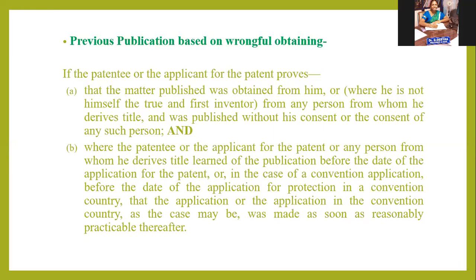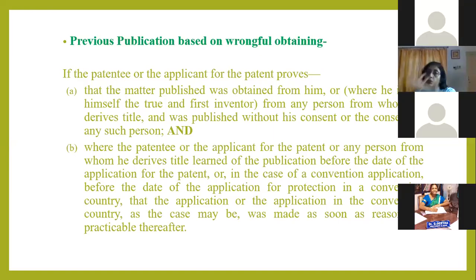So when I file the application, and then he says, no, this is also published, that publication will not be taken, because my invention is my invention, and this XYZ has taken it away and had it published without my consent. So that publication will not be taken as a publication which will anticipate my claims as claimed in my patent application.